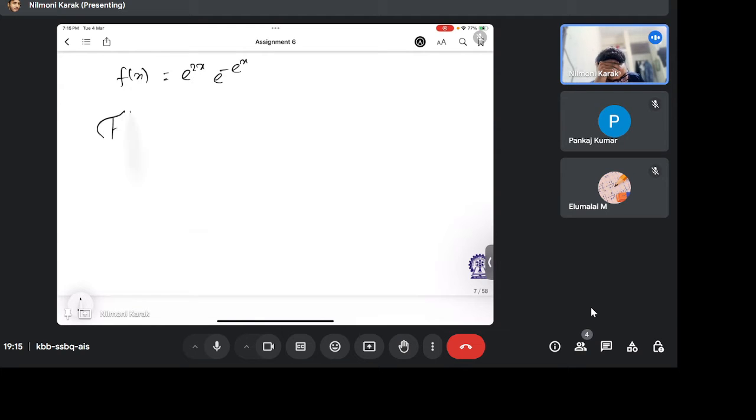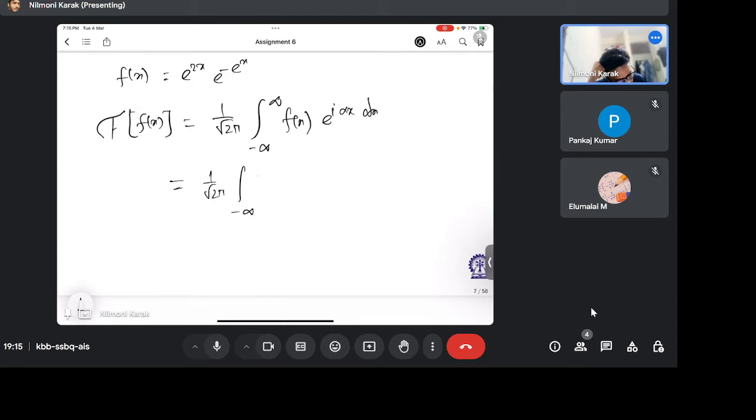The Fourier transform is 1 by root 2 pi, integral from minus infinity to infinity of f(x) e to the power i alpha x dx, where minus infinity is less than x less than infinity. So e to the power 2x e to the power minus e to the power x, into e to the power i alpha x dx.